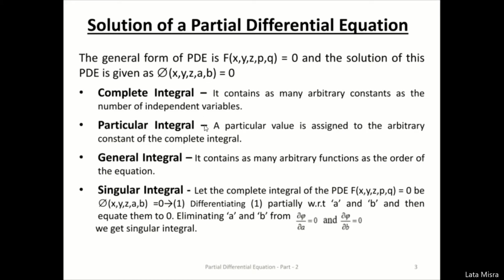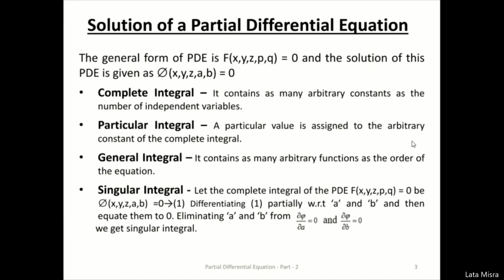When a particular value is assigned to the constants of the complete integral, it becomes a particular integral. The general integral contains as many arbitrary functions as the order of the partial differential equation. When we eliminate the constants present in the complete integral, it becomes the singular integral.